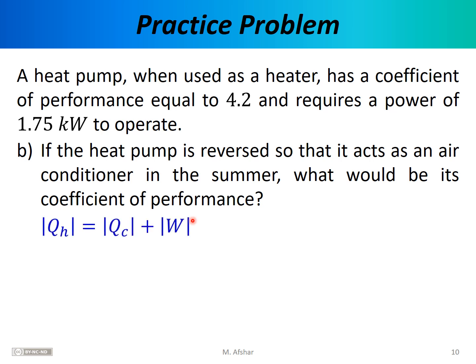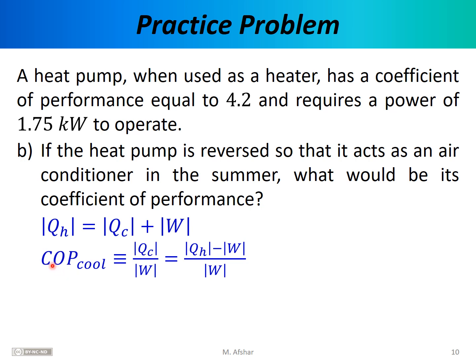The first thing we need is this particular equation. Recall that conservation of energy implies that for heat pumps and heat engines, the absolute value of QH must equal the absolute value of QC plus the absolute value of W. If you're using heat engines versus heat pumps, the W, the QC, and the QH will have opposite signs, but once you put absolute value signs around everything, you don't need to worry about the negative signs too much.